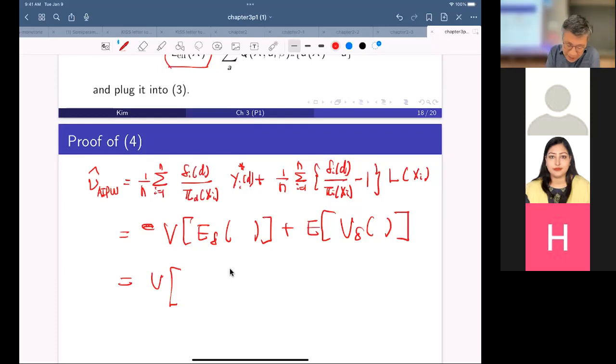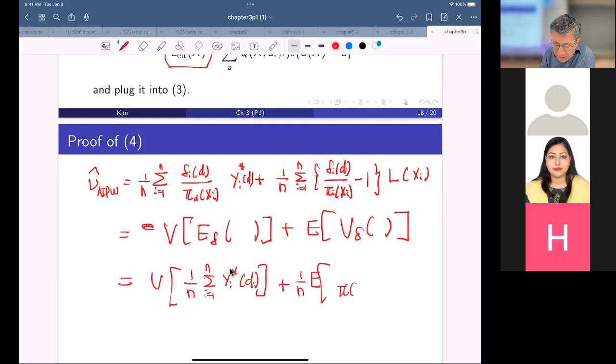So you end up with something that has nothing to do with delta, that is Y_i star(d), plus the conditional variance, which is 1 over n times the expectation of something like (1 minus pi_d) over pi_d times the conditional variance, Y star(d) minus l(X), squared.